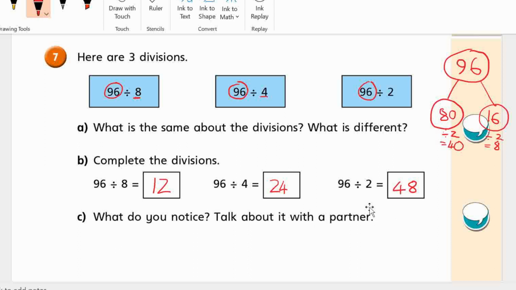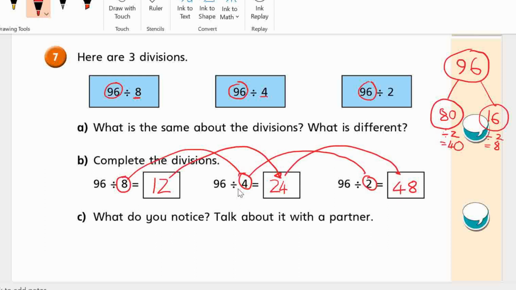Talk about it with a partner. Well, we discussed that it doubles. Just as the number halves, your answer will double. So just as 8 halves to 4, 12 doubles to 24. And then when 4 halves to 2, 24 doubles.